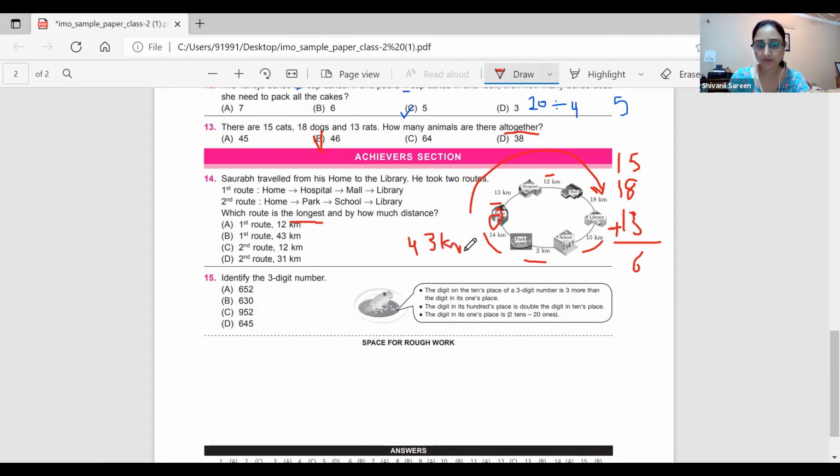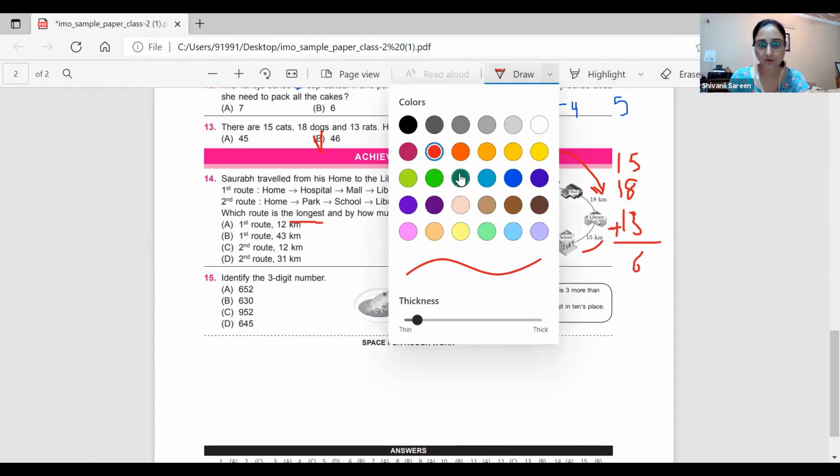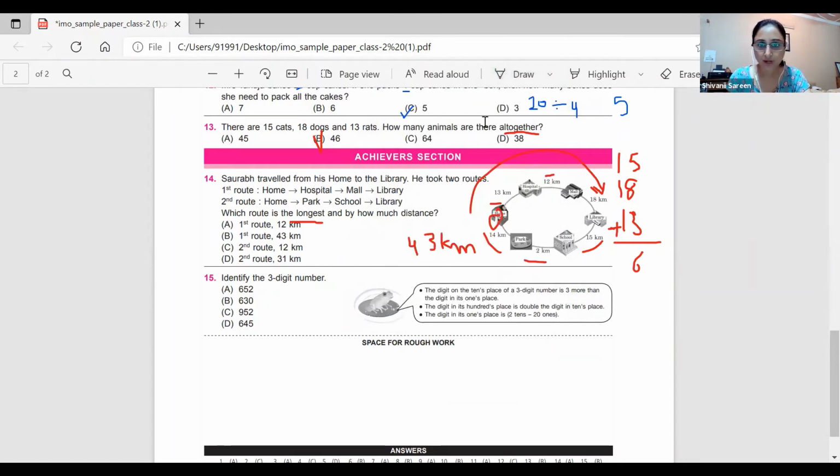Let's calculate the other route. So let us take another color. Now I'm calculating from here to here. So 14 plus 2 plus 15.